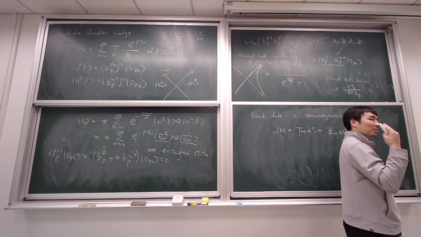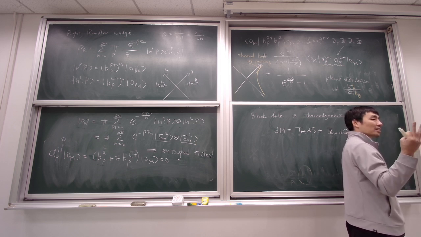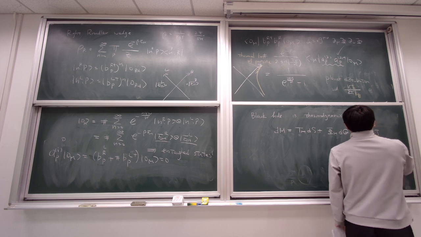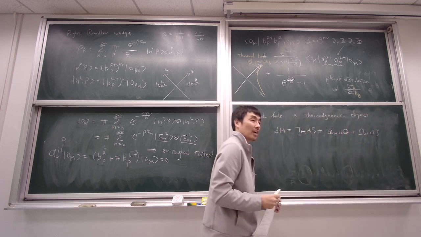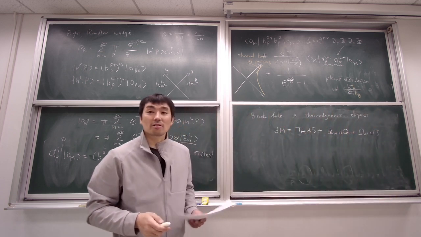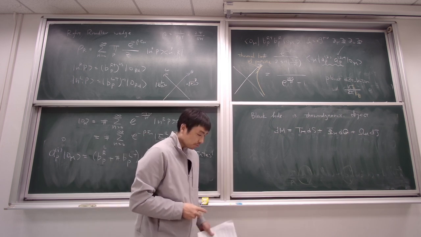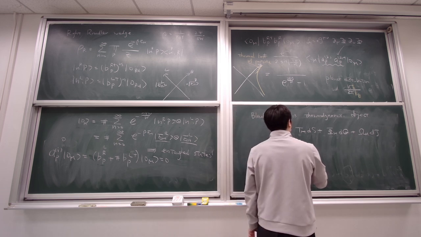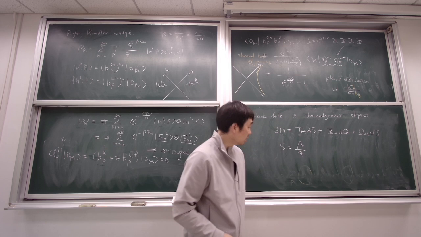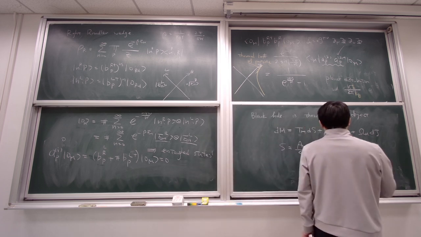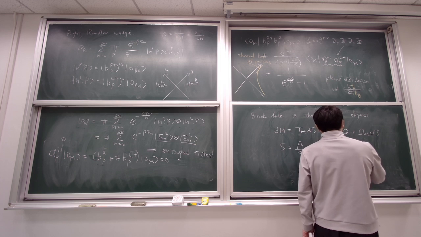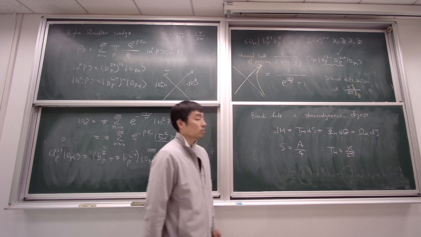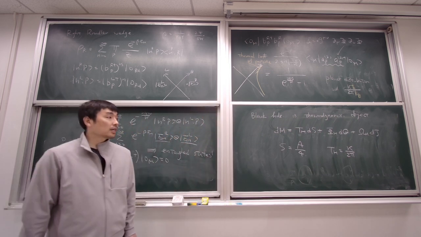A black hole is characterized by three quantities: mass, angular momentum dJ, and Omega_H. So that's the first law of black hole thermodynamics. In particular, S is given by area divided by 4, and the Hawking temperature is kappa divided by 2 pi. That's the first law.